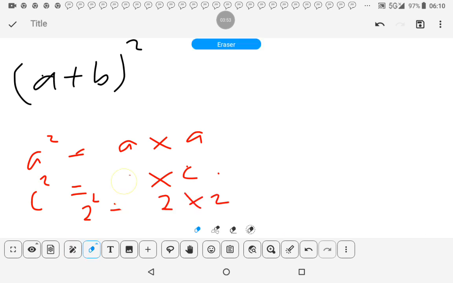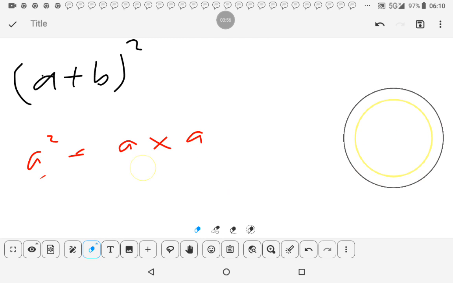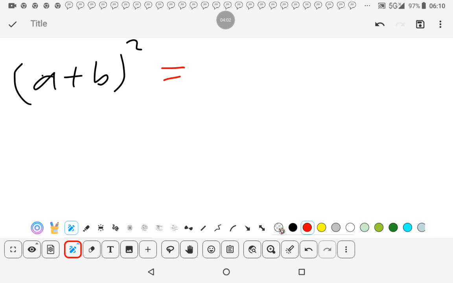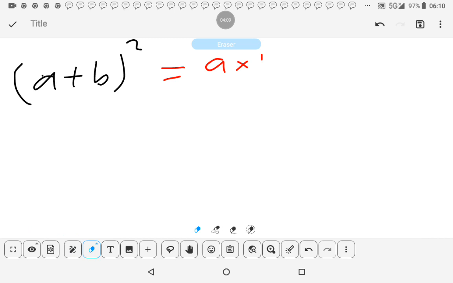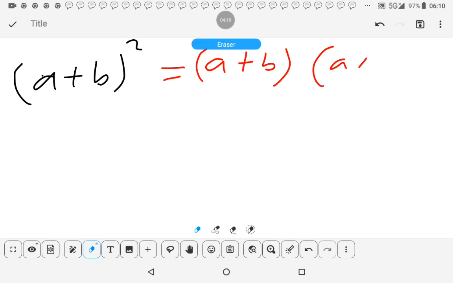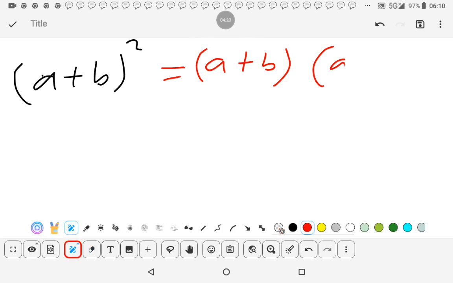So how do you expand this? This is how you can expand this. You first of all break the square. Since we have a plus b squared, it will now be a plus b times a plus b.